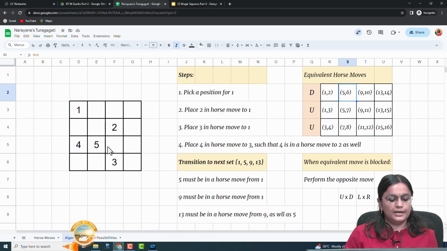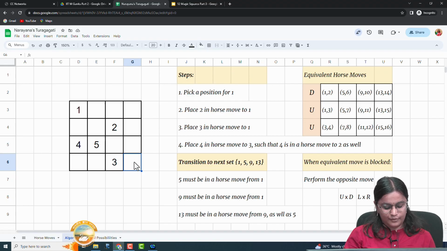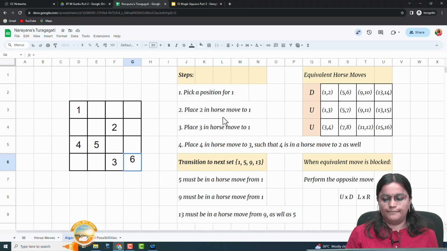So, from 5 we move down, and this gives us the location of 6. Moving on to 7, the law of equivalent horse moves tells us that 5 and 7 must be in the same move as 1 and 3, which is an up move from our table.